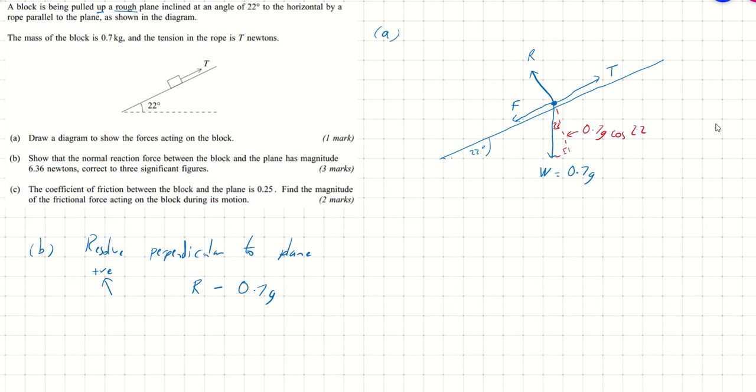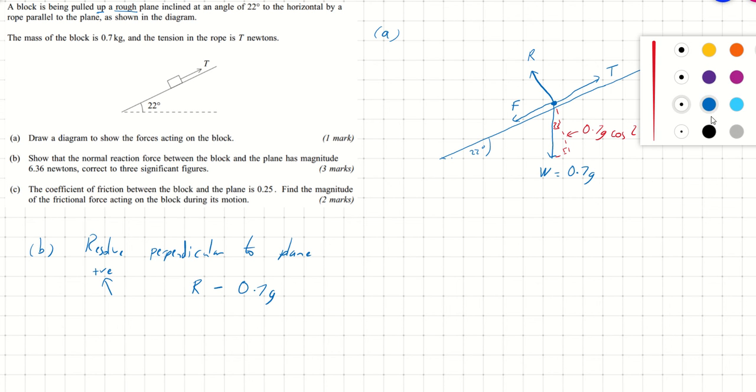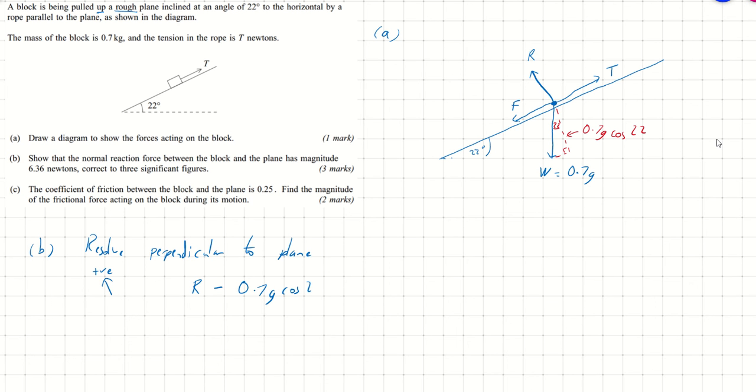So R minus 0.7g cos 22. Again, because the block is not flying upwards or down into the plane, they're balanced, so this is 0. That means that R equals 0.7g cos 22.